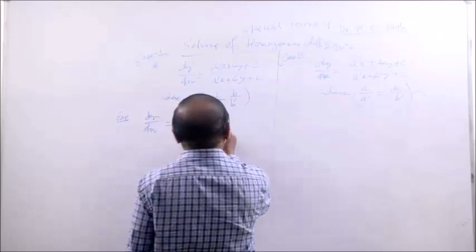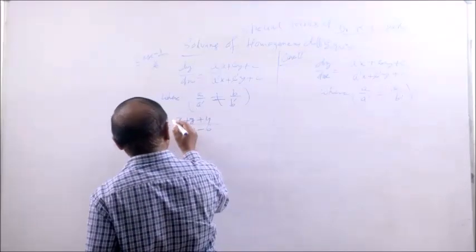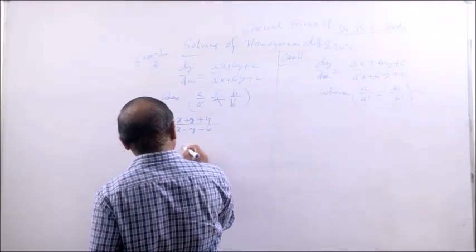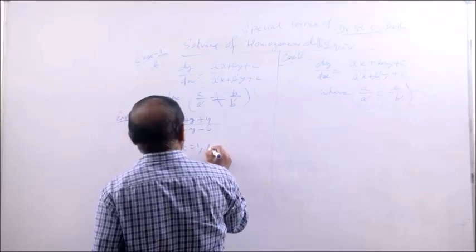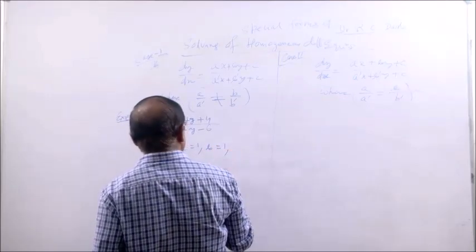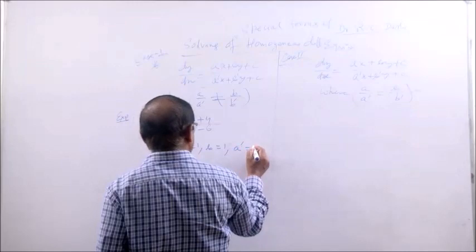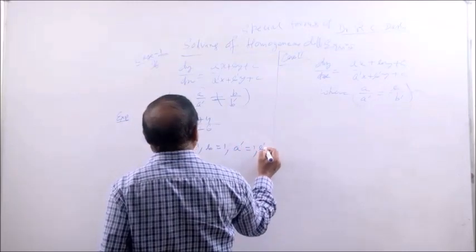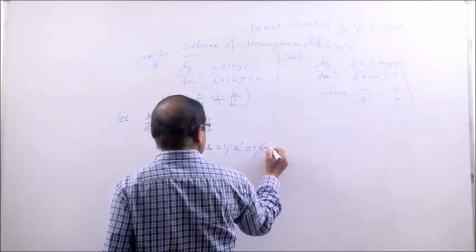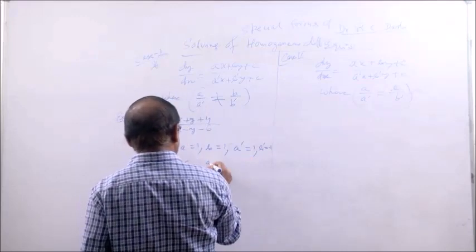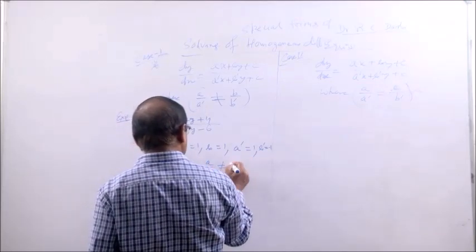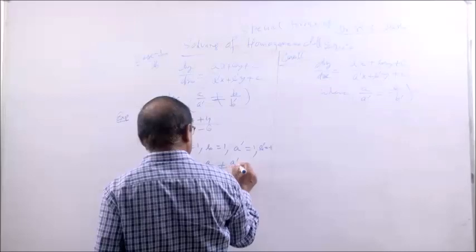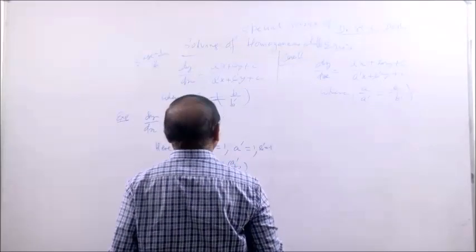You see, right here a is 1, b is 1, a dash is 1, b dash is minus 1. So, a by a dash is not equal to b by b dash.